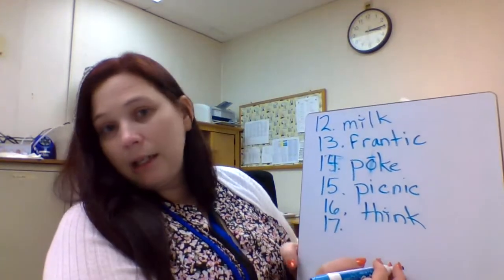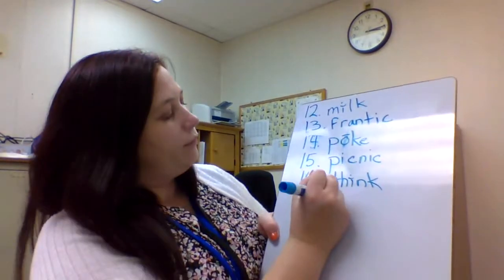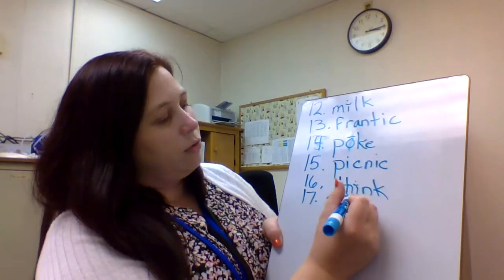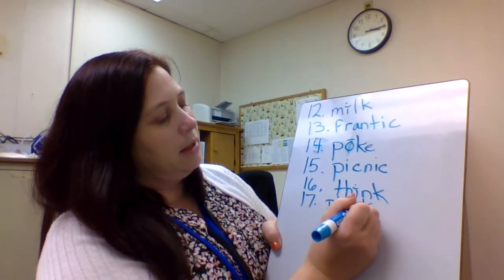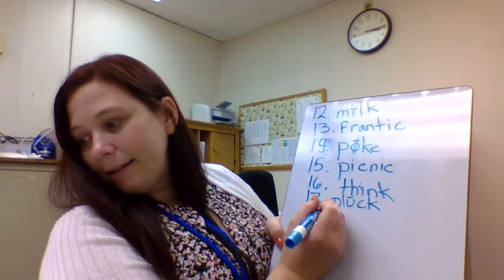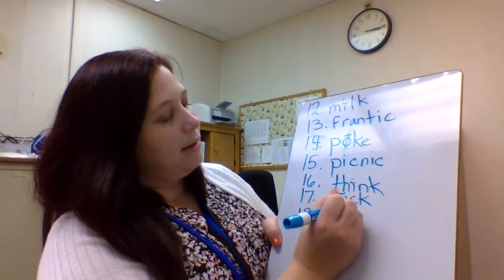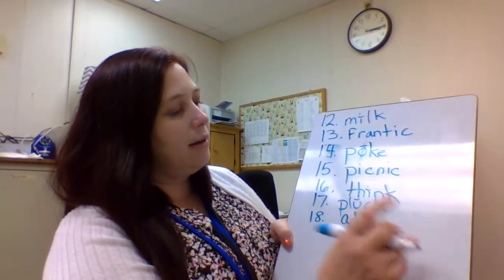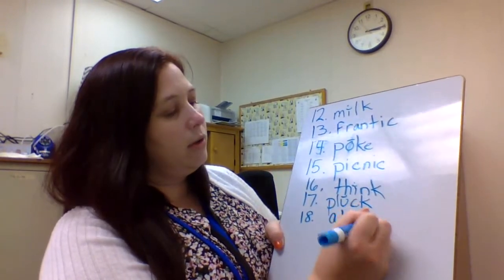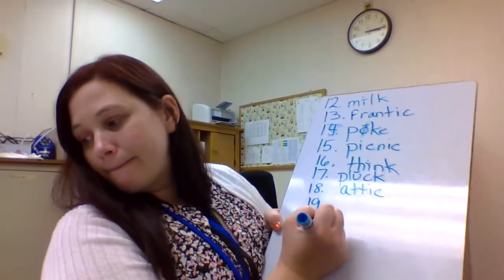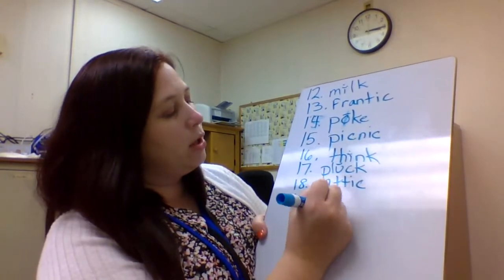Number 17, pluck. Here we have the short vowel sound. So it's going to be CK. Number 18, attic. Attic. Two syllables. We know it's a C. Number 19, book.